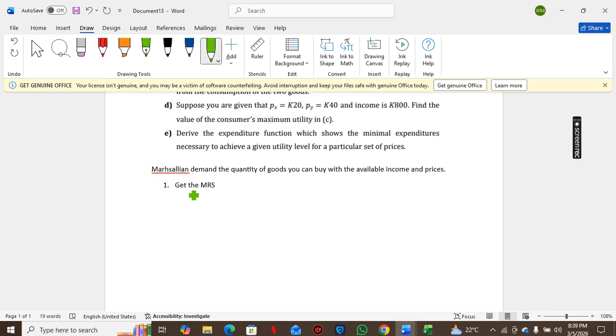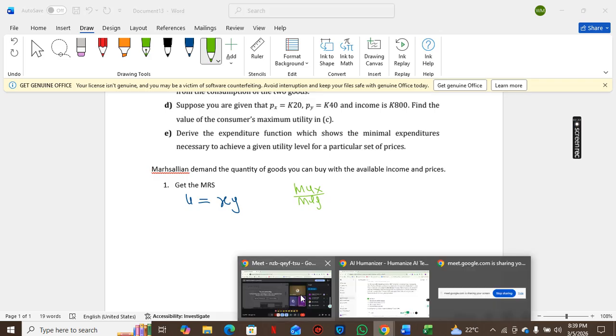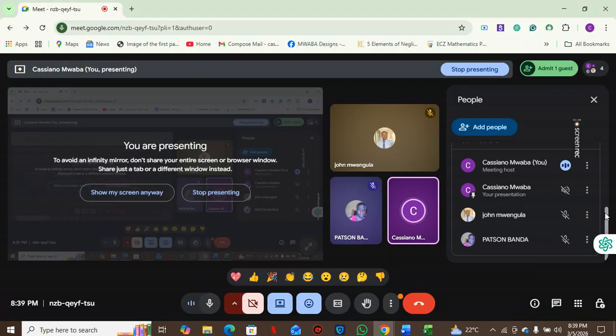So we have got our utility function U equals XY. This is X to the power 1, Y to the power 1. Remember, our marginal rate of substitution is our marginal utility of good X over the marginal utility of good Y. So we need to derive our utility function so that we get these marginal utilities.